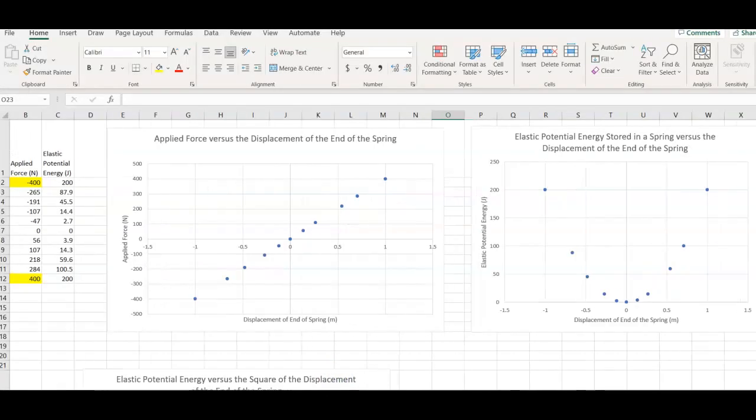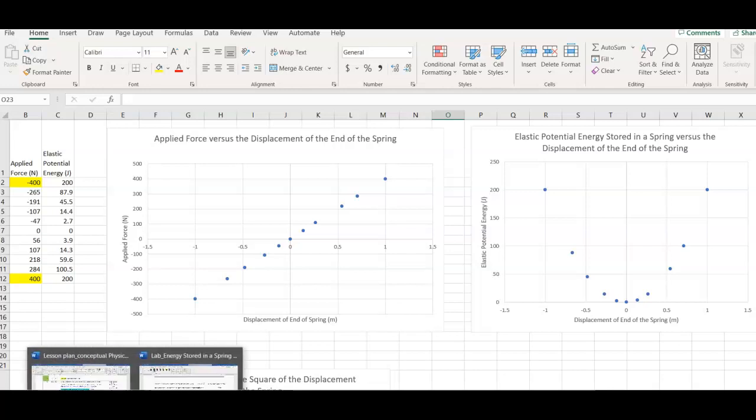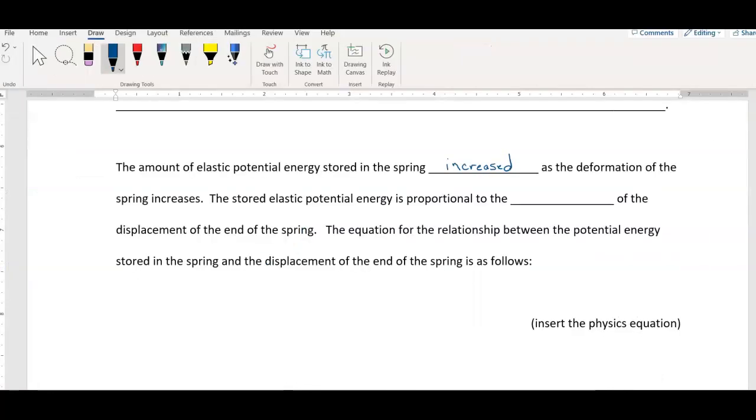Here, in this graph of elastic potential energy versus the displacement, as the displacement goes away from zero in either the positive direction or the negative direction, the amount of the elastic potential energy that was stored got bigger. Okay? Here, the elastic potential energy was proportional to the square of the displacement of the end of the spring.